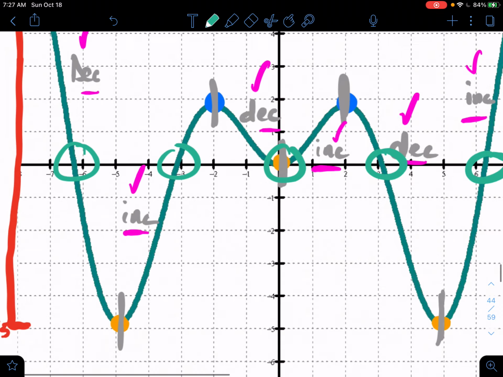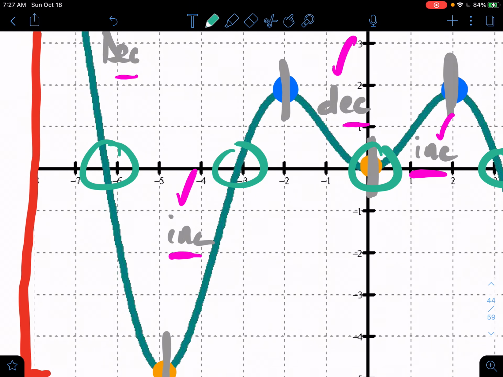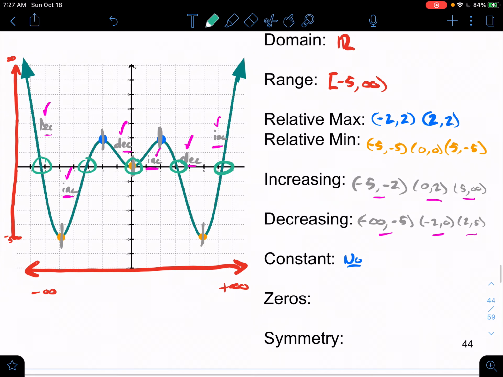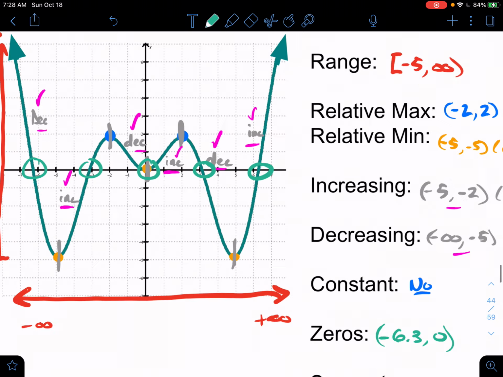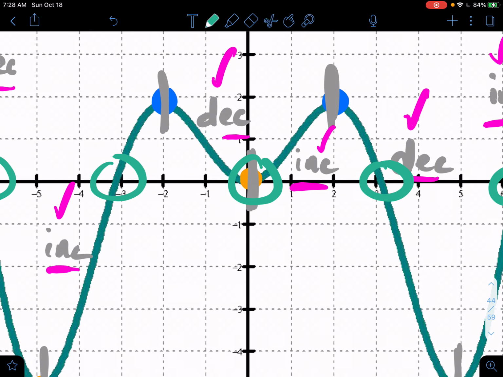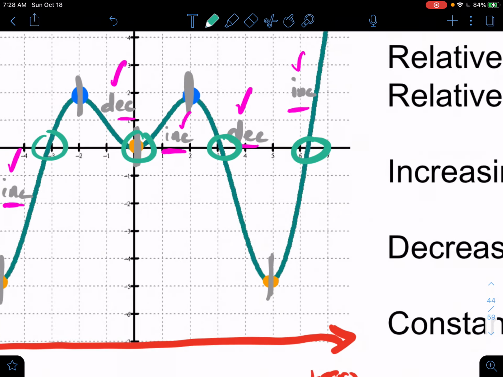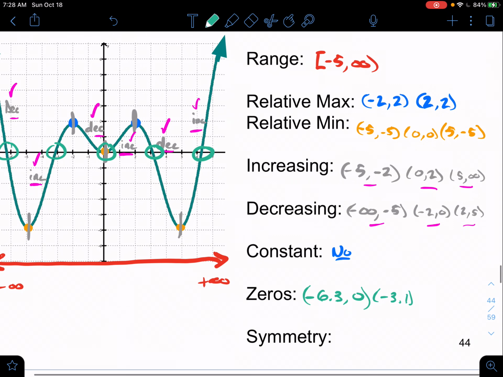So the locations of those zeros, let's just call this one, how about like -6.3. Looks like we had another 0 that happened at maybe like -3.1. Then we, of course, had the 0 that happened at 0, 0.